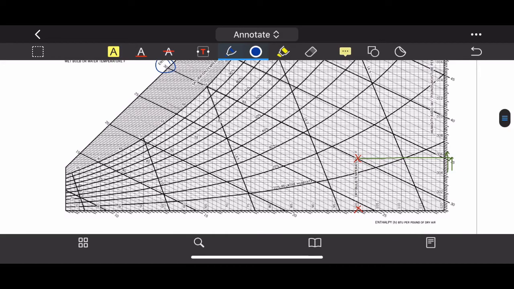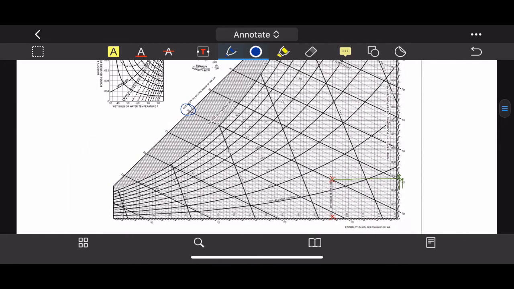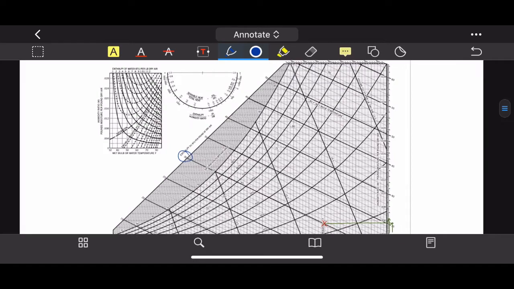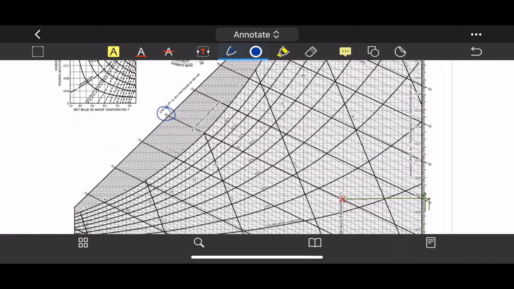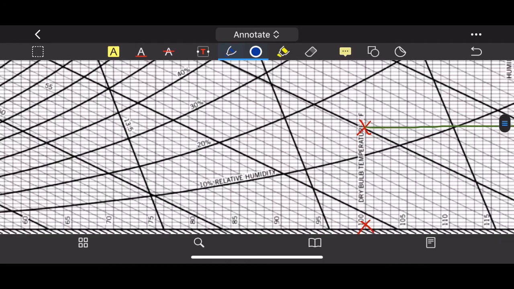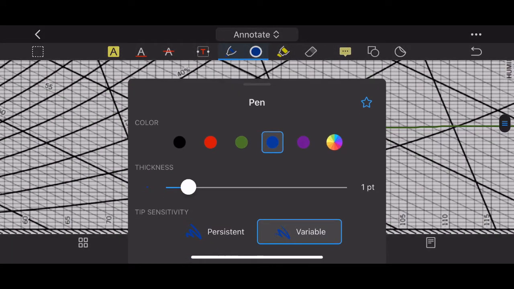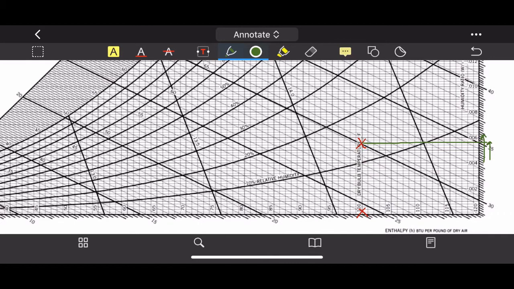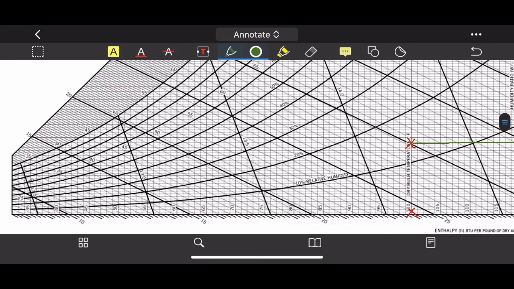Where is the dew point temperature? The dew point temperature is given by a horizontal line to the left. So if I can be as accurate as possible, the answer will be around 40 degrees Fahrenheit. Yes, 40 degrees Fahrenheit.